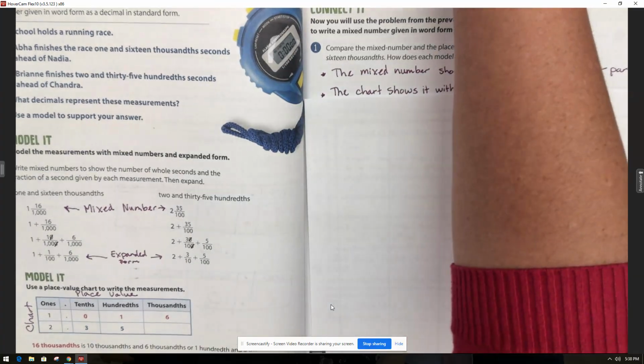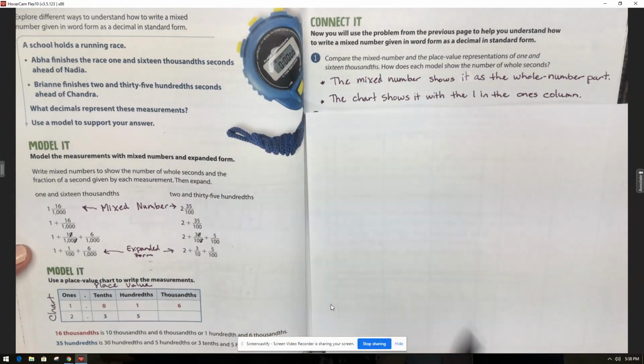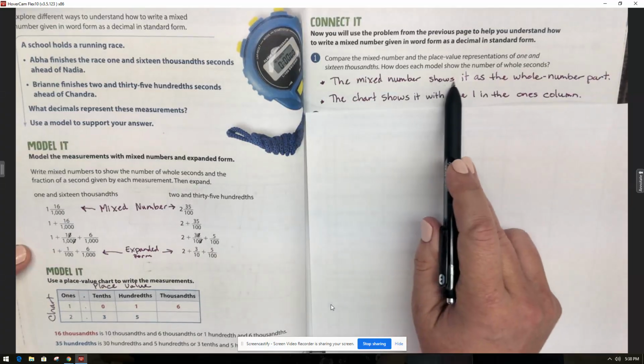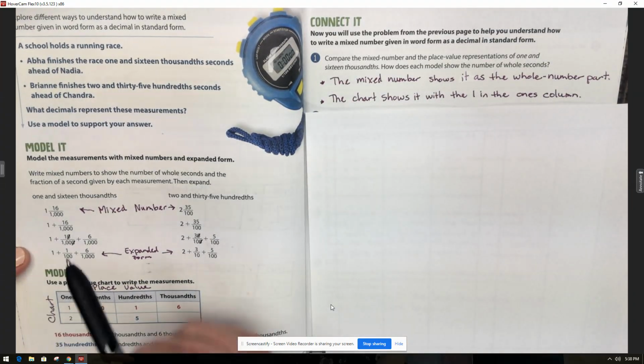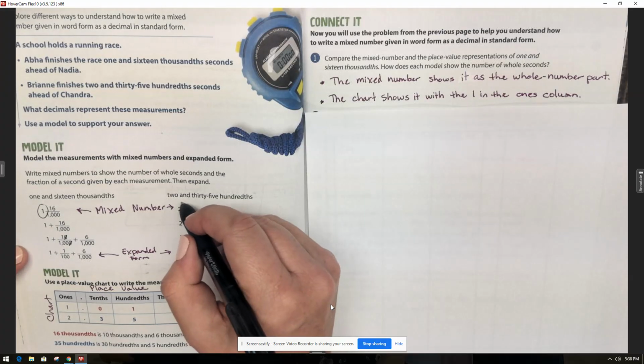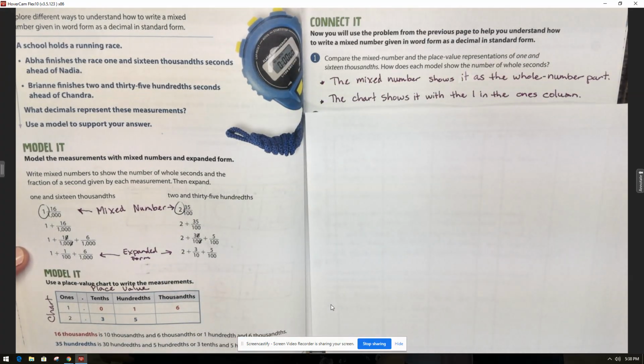Let me zoom out just a fraction. There we go. The mixed number shows it as the whole number part. So in the mixed number, this is the whole number part. That tells you that we have the whole seconds.